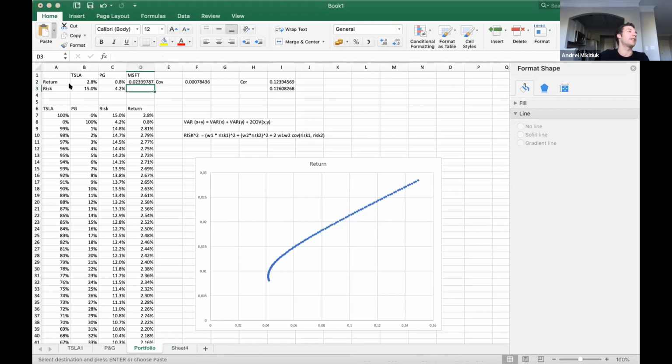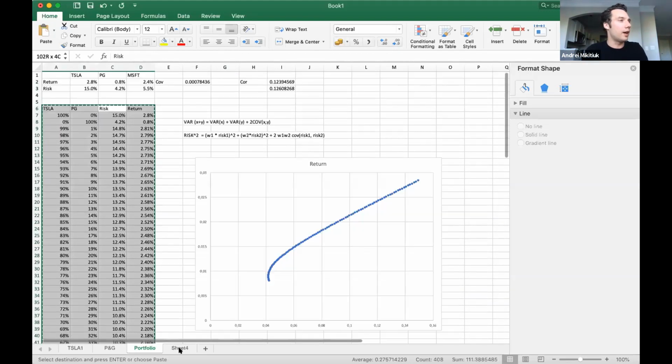Actually, that's quite interesting, you see. We have not much higher risk with Microsoft than Procter & Gamble, but at the same time, we have much higher return. So now we see that Procter & Gamble is not such a great stock, right?